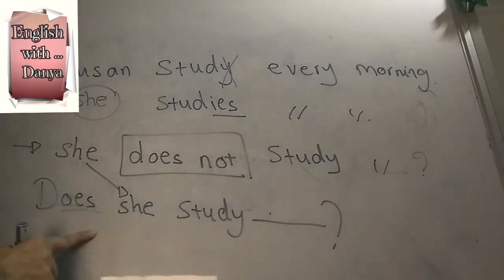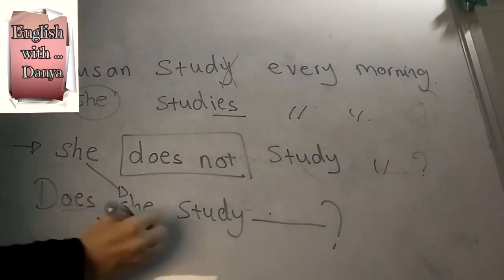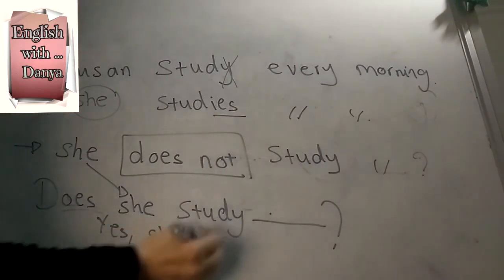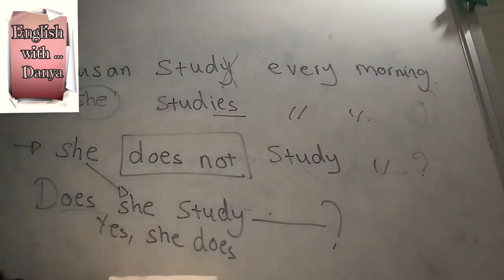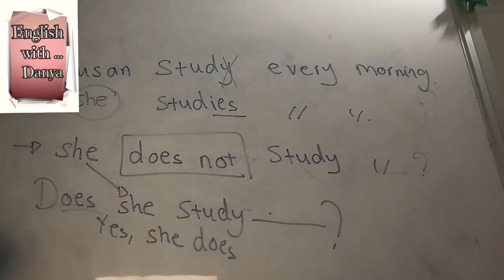If the answer is yes, then we will say yes, she does. And if the answer is no, it will be no, she doesn't. All right? So this is the first part of the question.